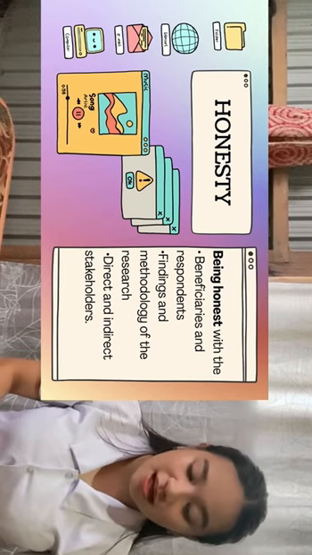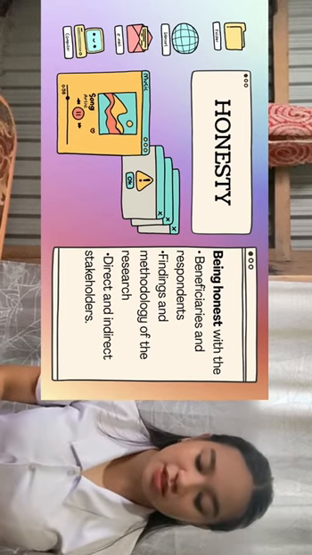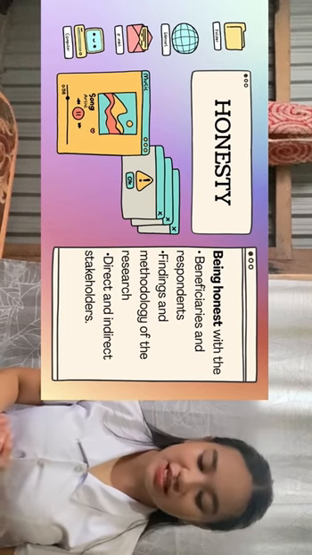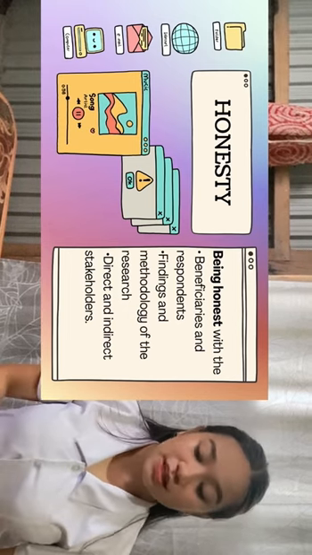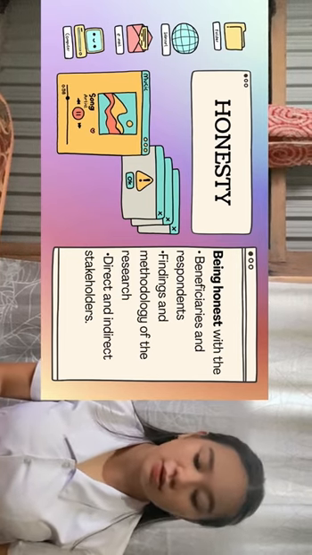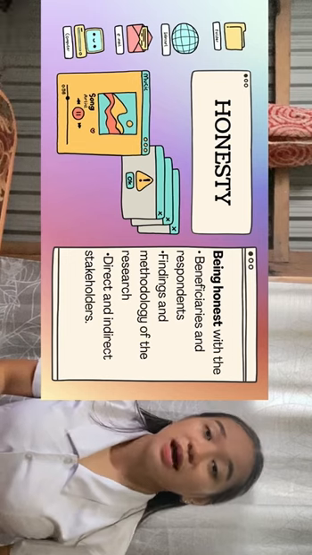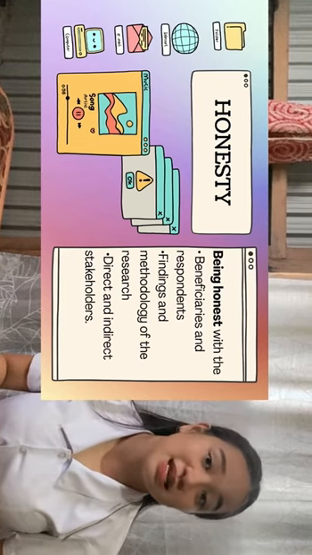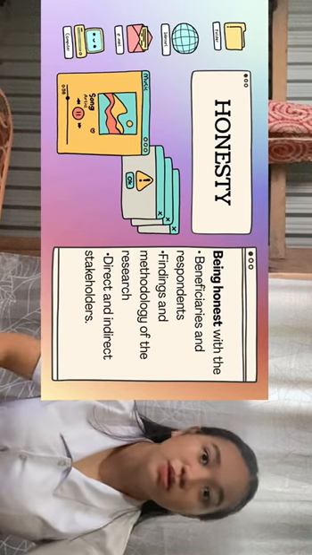So this means na dapat maging tapat ang researchers sa beneficiaries, respondents, findings, methodologies, at lahat ng stakeholders. Examples, kung may errors sa survey results, dapat i-report ito ng totoo at hindi itago. At unang-una sa lahat, huwag gawin na sagutan ng sarili mo ang mga research questionnaires or surveys.